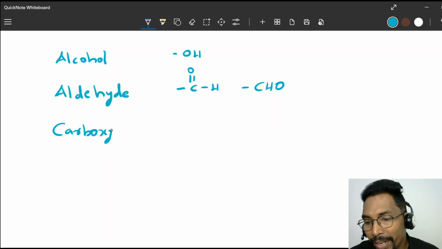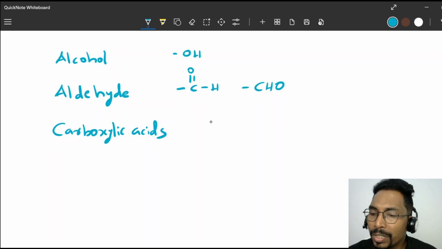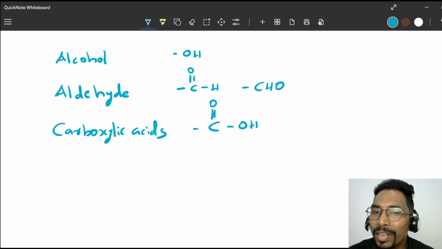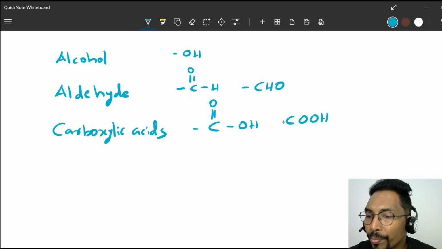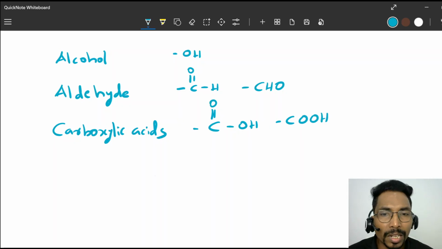All these are very important. Carboxylic acids are acids, like acetic acid in vinegar. Carboxylic acid is C double bond OH; don't confuse it, because many C double bond O groups will come. You can write it as COOH. So COOH containing organic compounds are called carboxylic acids.